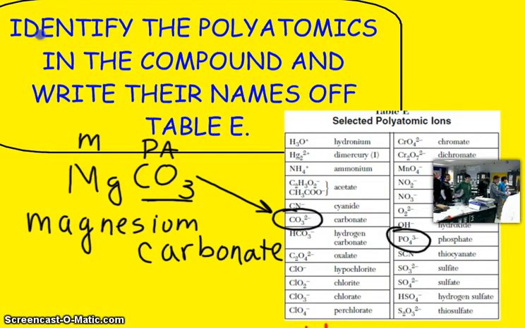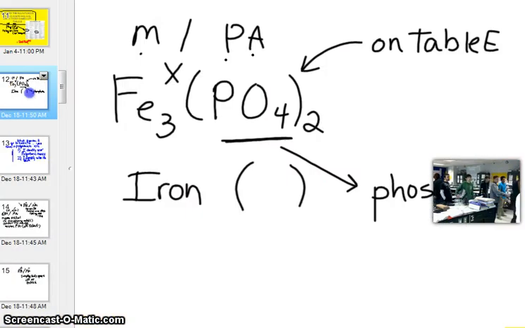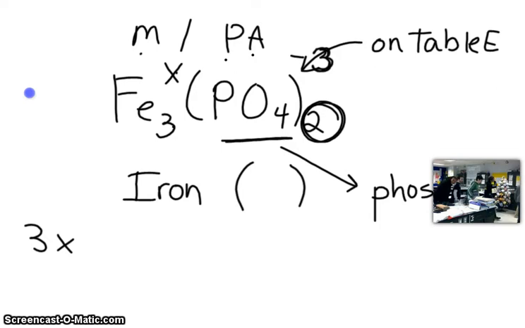That means phosphate has a -3 charge. So we'll give phosphate a -3 charge. That's all on table E. So again, remember, we need a neutral compound. Bottom times top, 3x. Use this number outside the parentheses. That's how many phosphates you have.